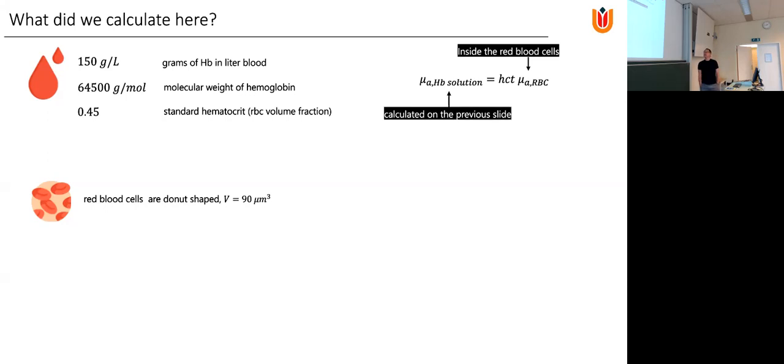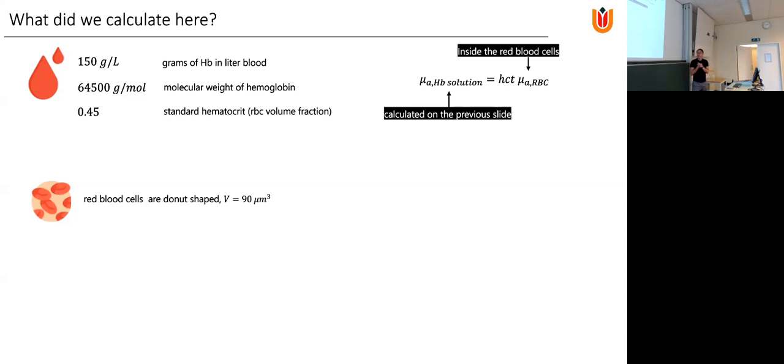The other thing is that we need to know the absorption coefficient of the hemoglobin solution inside the red blood cell. What we calculated on the previous slide was the absorption coefficient as if all the hemoglobin molecules would be in a solution of the same volume. So we have to scale that with the hematocrit.